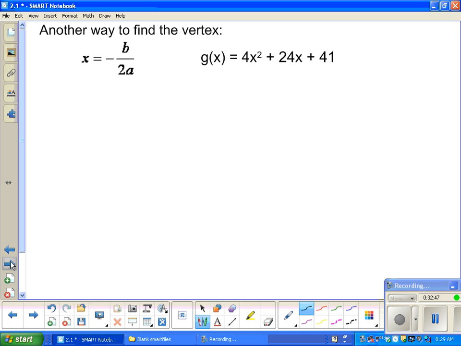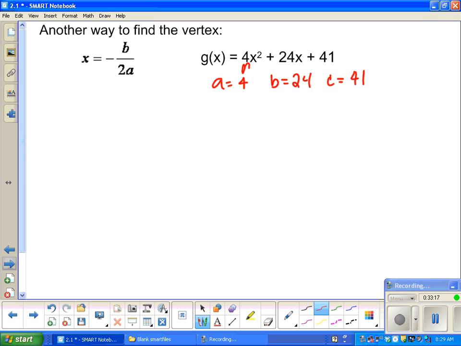Lastly, another way to find the vertex. We did a lot of this in Algebra 1. You can find the vertex using the formula -b over 2a. So here, if I'm looking at this equation, a is equal to 4, b is equal to 24, and c is equal to 41. So let's find the vertex.